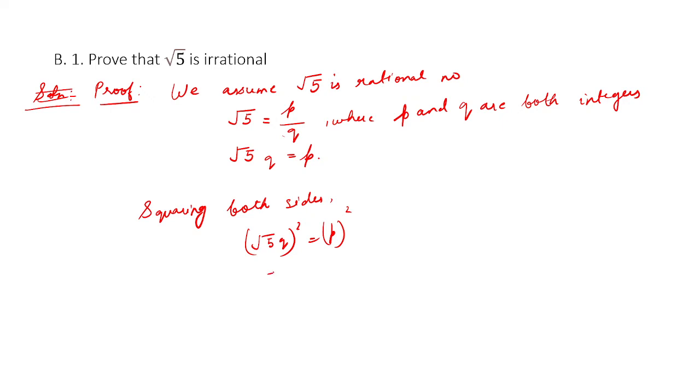So we get 5q square equal to p square, okay. That means p square is divisible by 5. Then p is also divisible by 5.